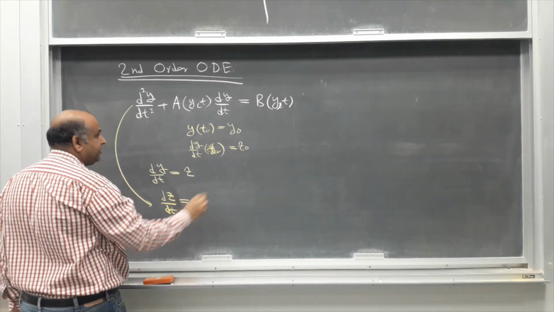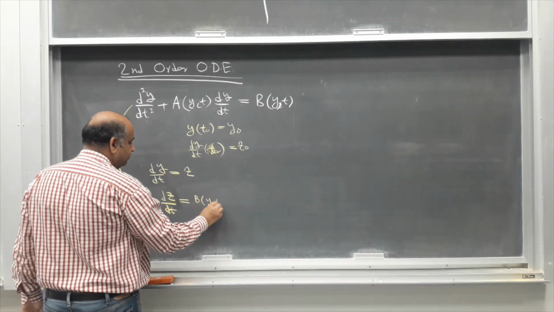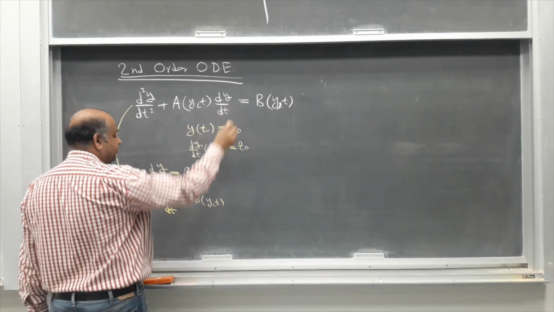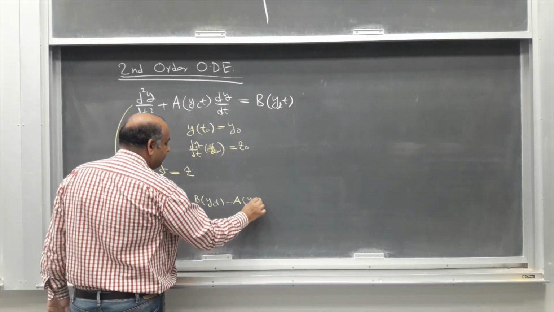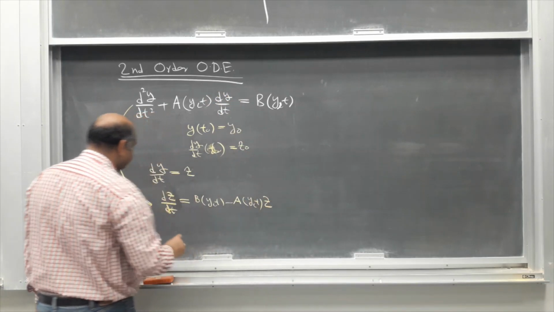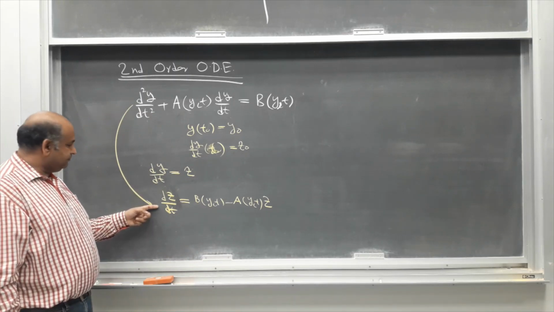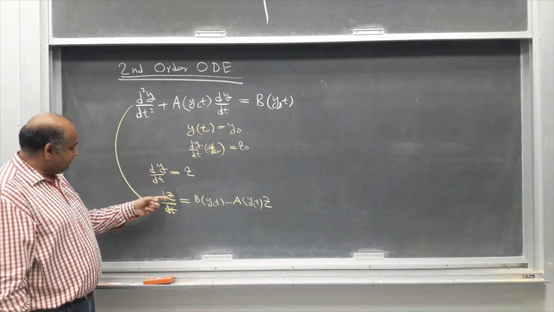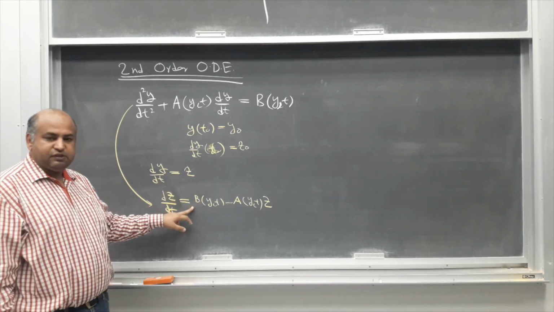So on the right side I have this b of y, t, and this becomes minus a of y, t, and this dy by dt is now nothing but z. So now I have these two first order equations. There are two unknowns now, y and z. This t is the independent variable, and on the right side we have some function.